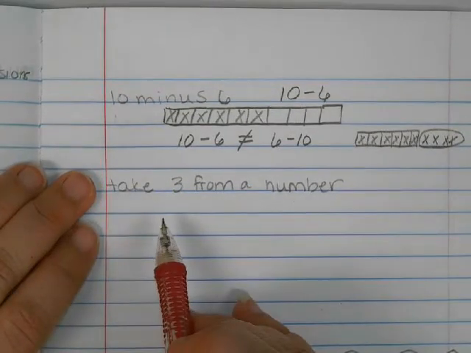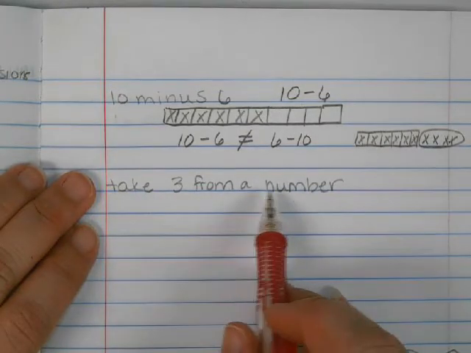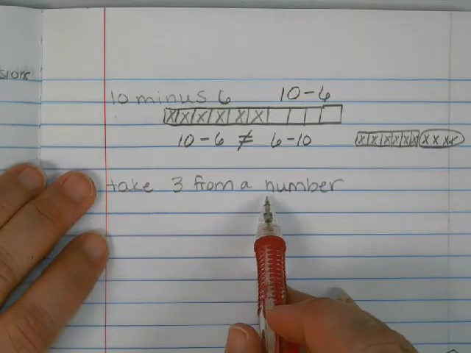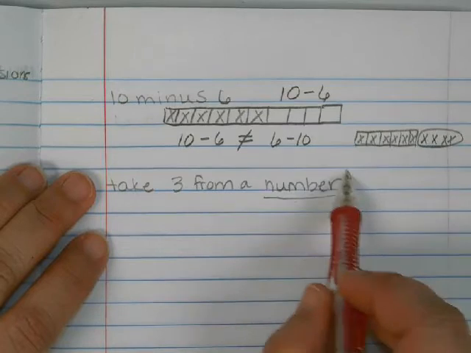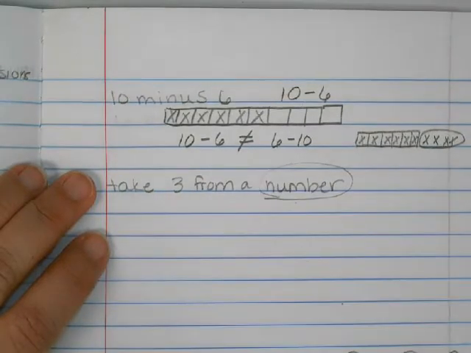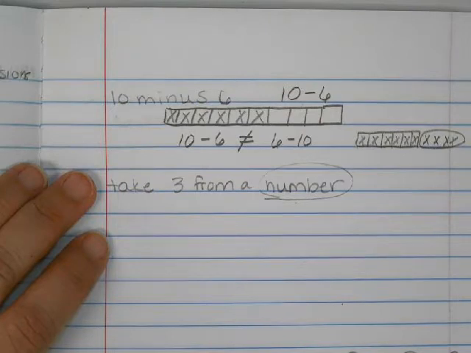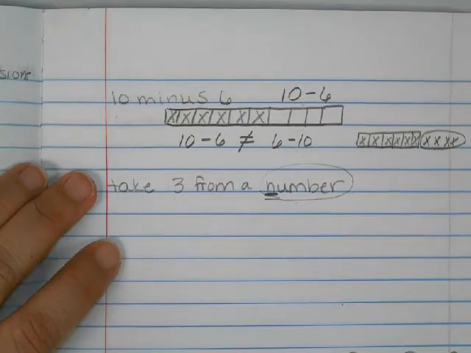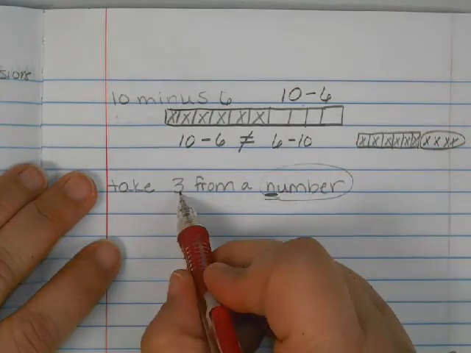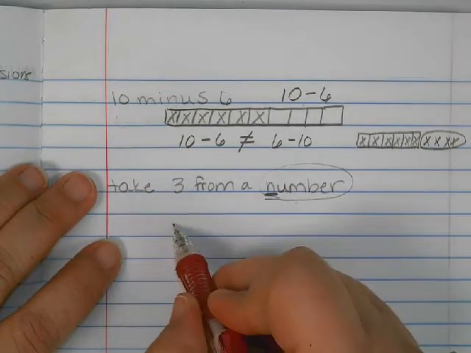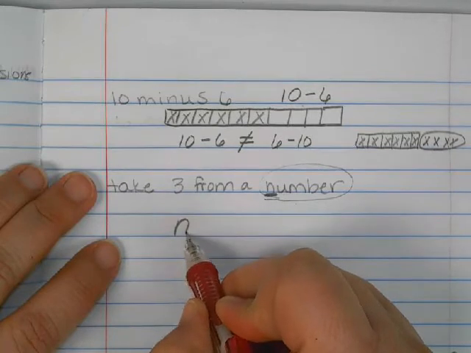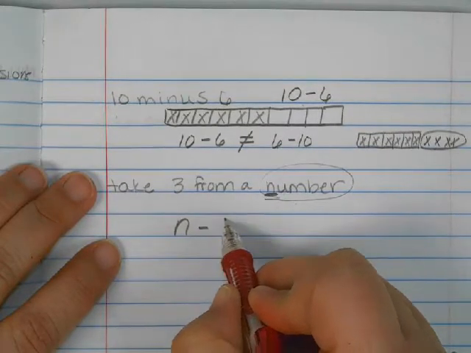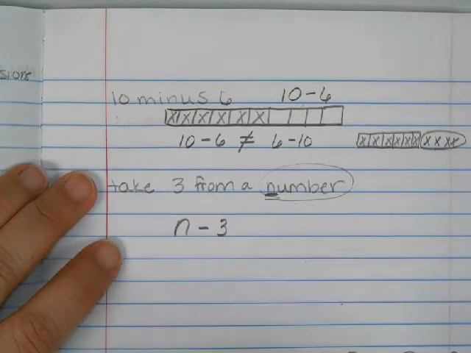Now for this next one, take 3 from a number. So this time, since I don't know what my number is, I'm going to be using a variable, because remember, variables stand in for numbers that we do not know. I'm going to use the letter N for number. So if I'm going to take 3 from a number, then that's the same as N minus 3.